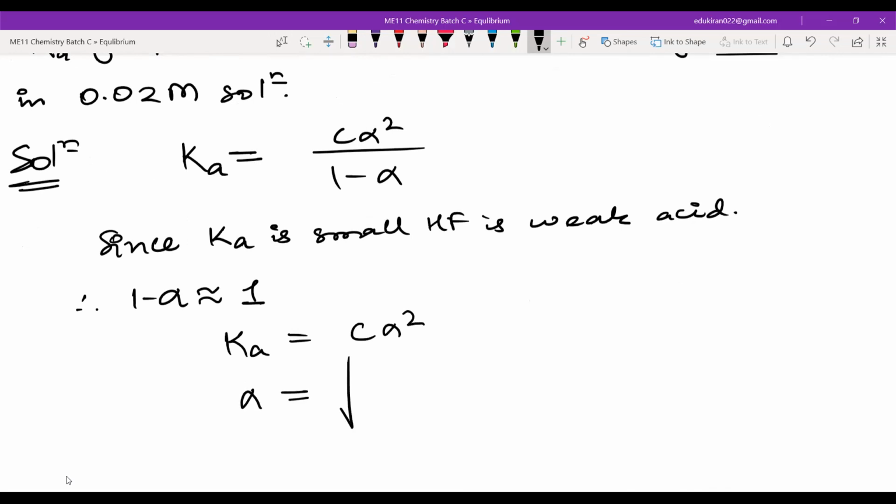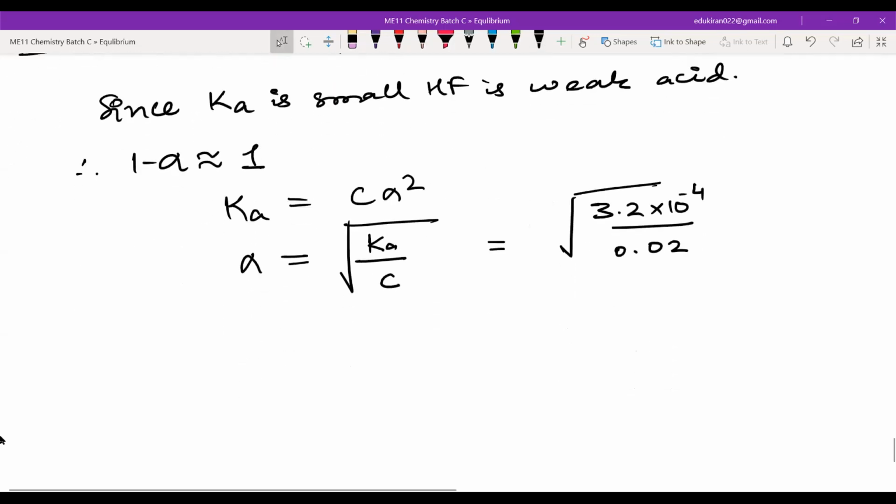Alpha will be equal to the under root of Ka upon C. So Ka, they have given us 3.2 into 10 to the power of minus 4 divided by 0.02, right? You have to calculate the root here.